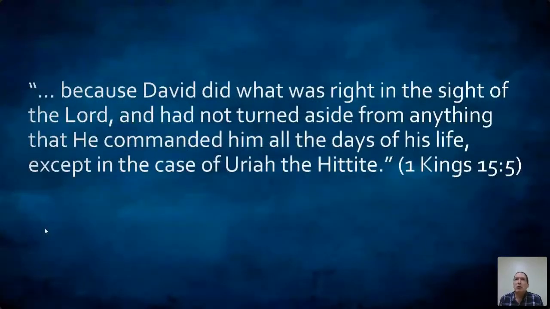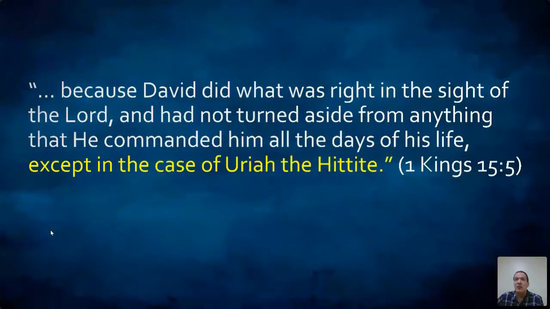Because David did what was right in the sight of the Lord and had not turned aside from anything that God commanded him all the days of his life, except in the case of Uriah the Hittite. So here we're affirming that David was a righteous man, but admitting he fell tragically short.